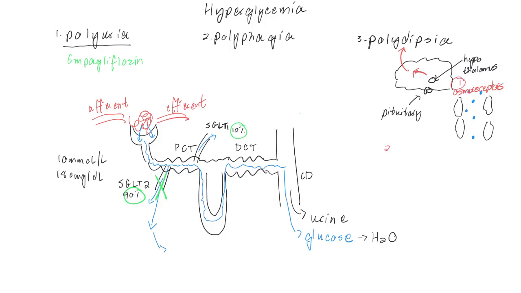There's a second plan that your body has. The hypothalamus can send a message to the pituitary gland and tell the pituitary gland, I'll put an arrow here, tell the pituitary gland to release ADH, antidiuretic hormone, also known as vasopressin.